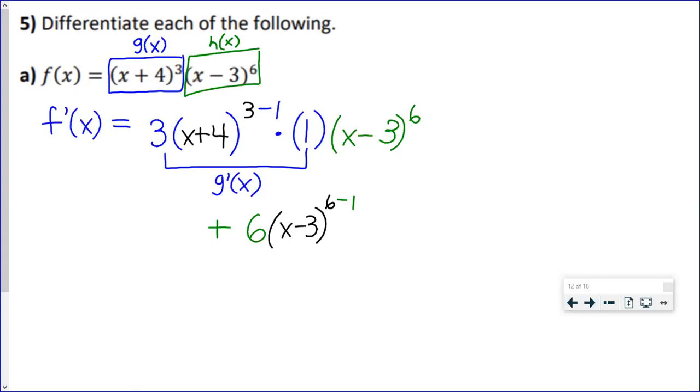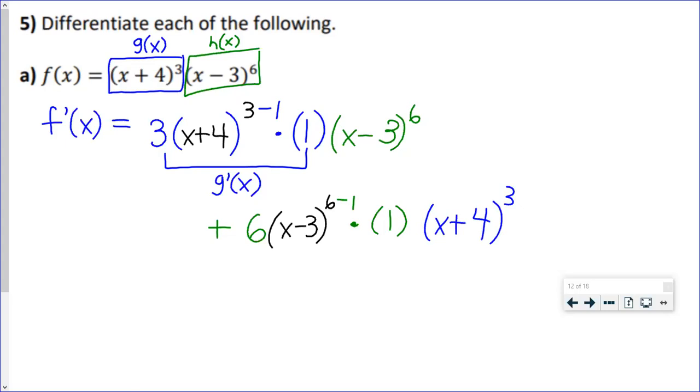Now I have to remember to multiply all of this by the derivative of the inside. What I've done so far is only the derivative of the outside of h of x. So the derivative of the inside would mean multiplying it by 1. And I have to multiply all of that by my original g of x, which is x plus 4 to the power of 3.